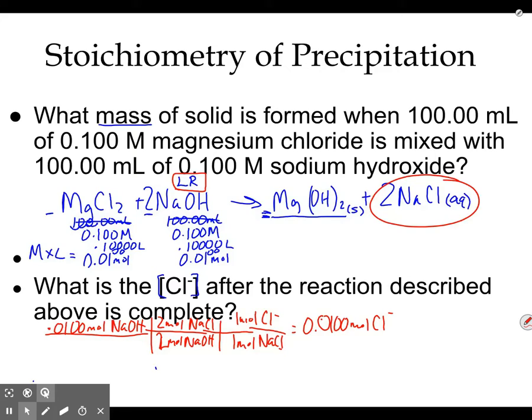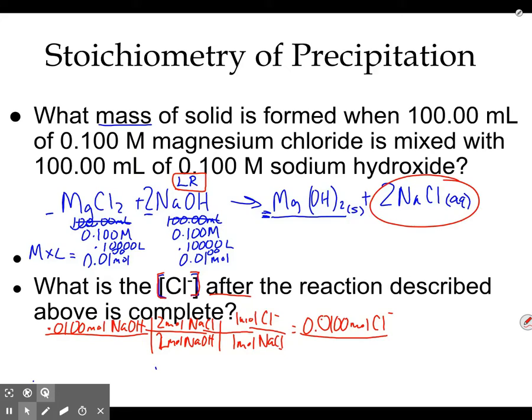But again, they want molarity, not just moles. So now I need to divide by my volume. This is just another little trick here. Remember, this is after the reaction is complete. So you must imagine this reaction: we have taken 2 solutions, each of 100 milliliters, and we have poured one into the other to produce this precipitate and our sodium chloride.